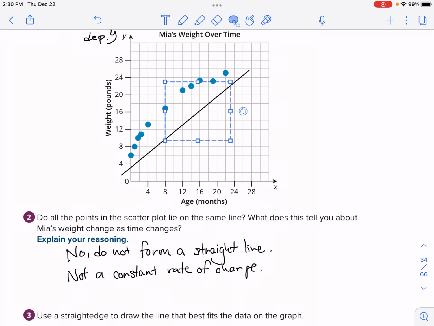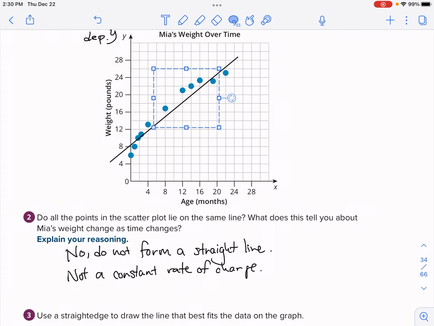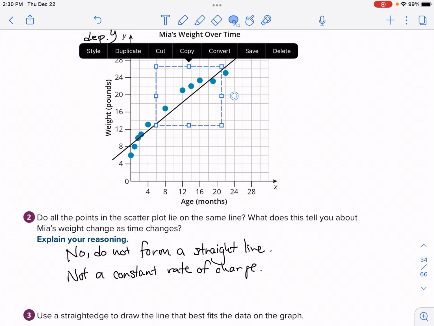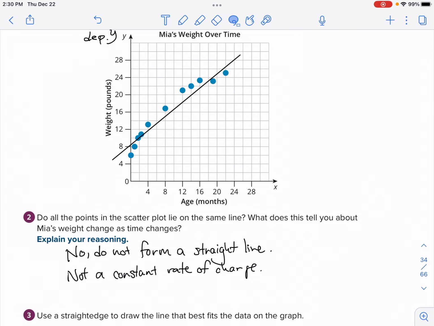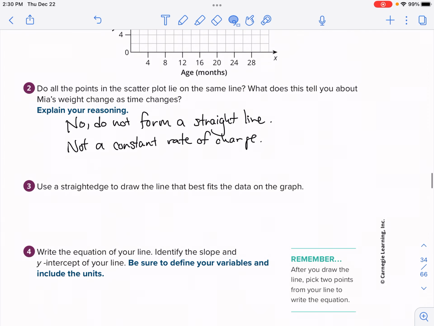So if I take this line and I move this up, like I think this is probably something that might be a good line of best fit. Right, there's probably equal amount of points below this line, equal amount of points above this line, some points that are exactly on the line. But we'll leave it at that. Okay, so we did this. I'll just put a check mark here.